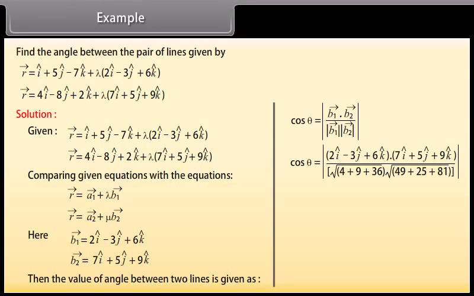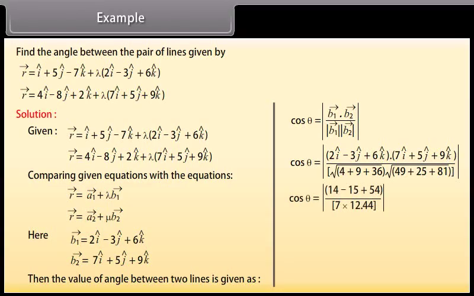Cos theta equals modulus of the dot product of (2i minus 3j plus 6k) and (7i plus 5j plus 9k) divided by the square root of (4 plus 9 plus 36) into the square root of (49 plus 25 plus 81).